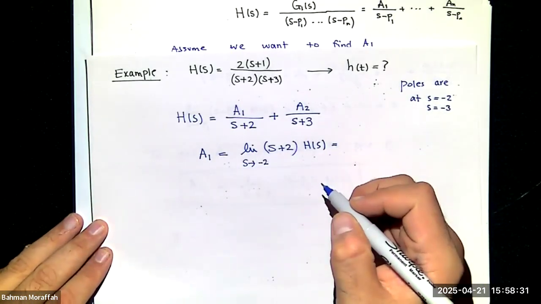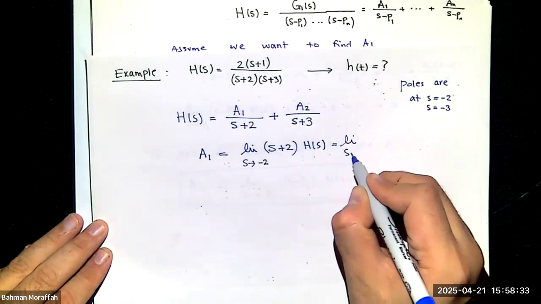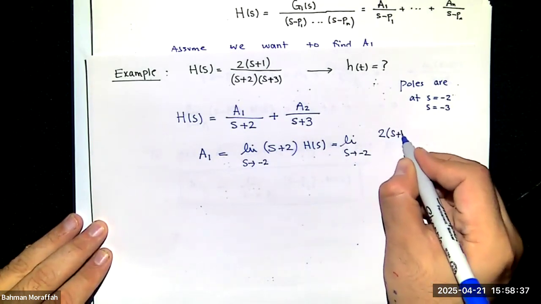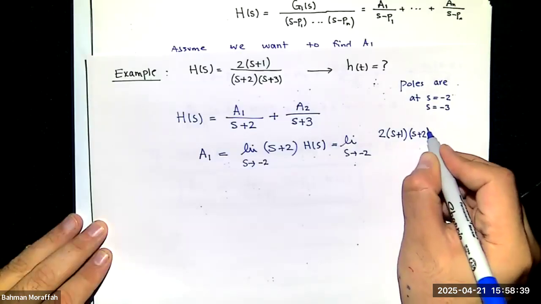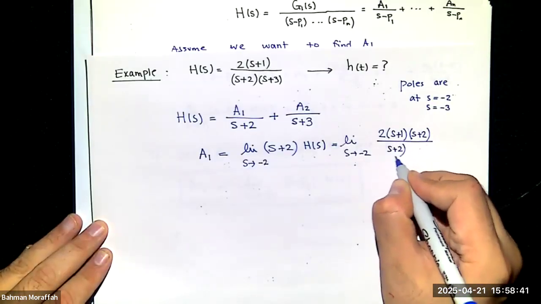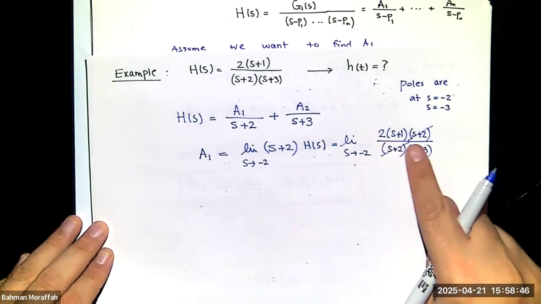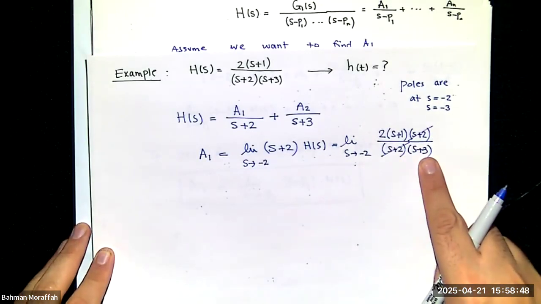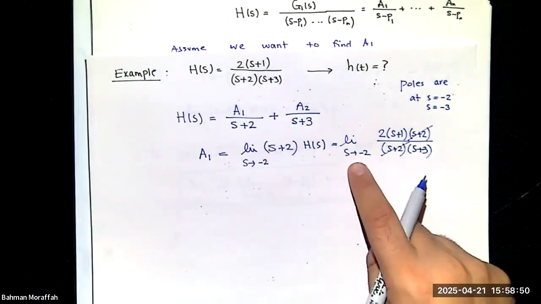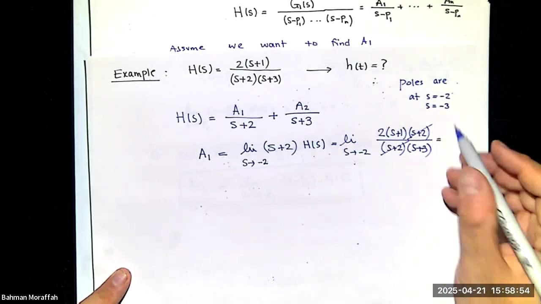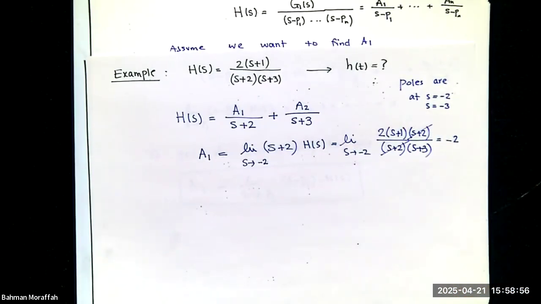What is (s plus 2) times H(s)? It's the limit as s goes to -2 of 2 times (s plus 1) times (s plus 2) divided by (s plus 2) times (s plus 3). This and this cancel. I have 2 times (s plus 1) divided by (s plus 3). Evaluating it at -2, it is -2 divided by 1. So it's -2.